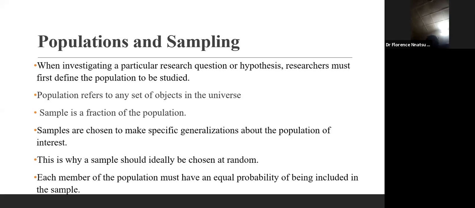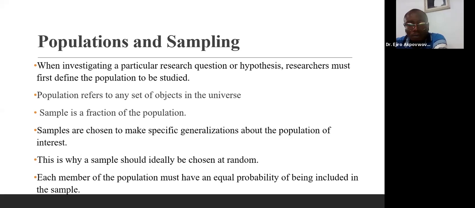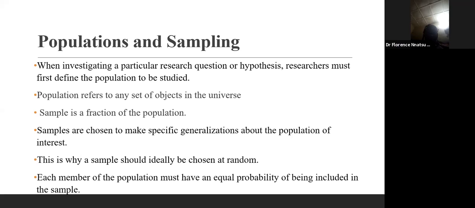It's just like when you have to determine the availability of medicines or drugs in the emergency unit: you need to have a research question, a hypothesis, in a given study group or population of those emergency units, so that with your questionnaire checklist, you'll be able to check your list using those research questions. Then population refers to any set of objects in the universe.